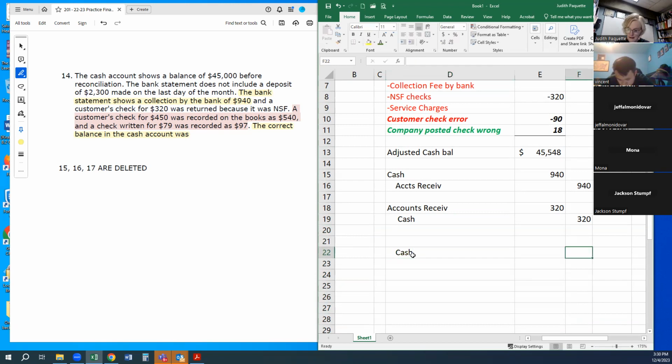Cash, 90. And since it's a customer, it's also going to be accounts receivable. And finally, 18, company posted a check wrong. That's going to be a debit to cash. And it was the company's own check, so we know that it's going to go to accounts payable.